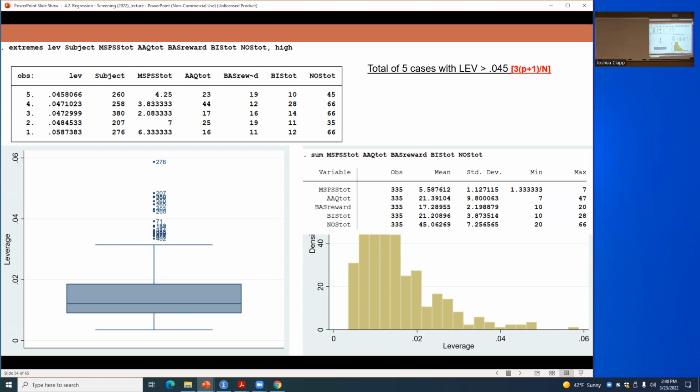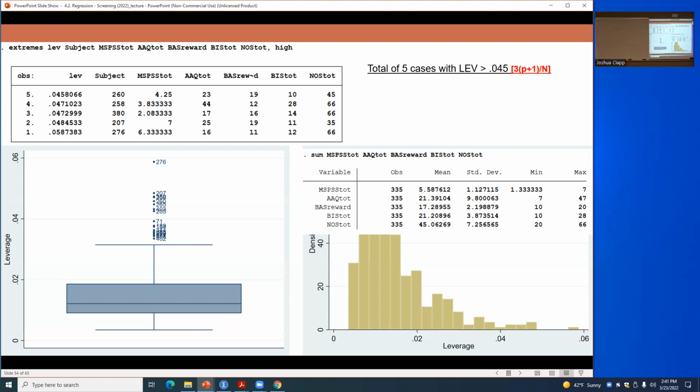What we want to do with these leverages, with these multivariate outliers, is identify what variables these folks are strange on, and then think about whether this makes sense given what I know about this phenomenon. This is going to become important when we start thinking about whether we keep this person or throw this person out.